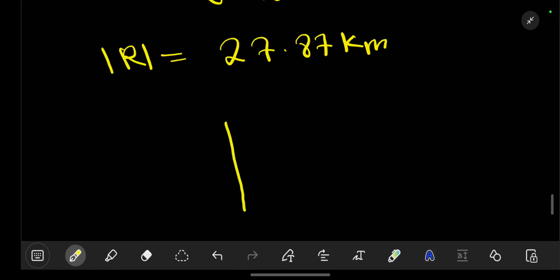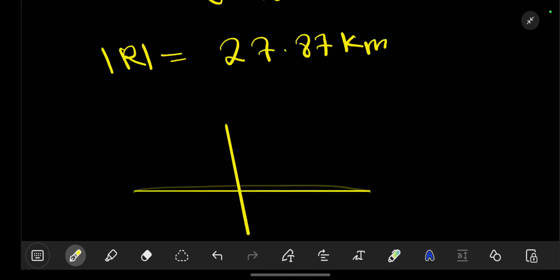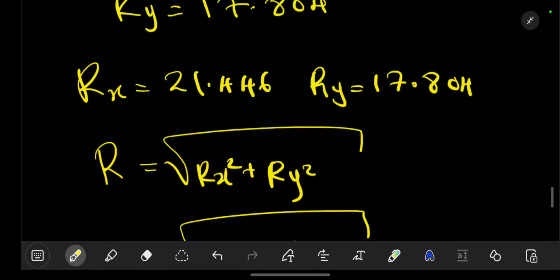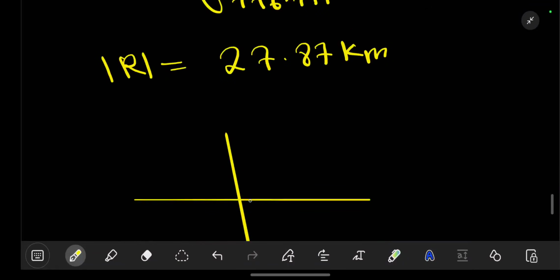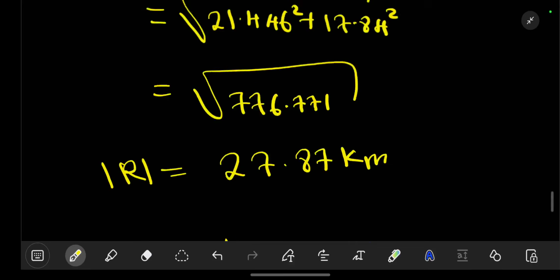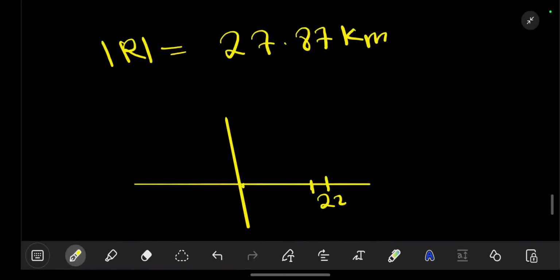We had two things: 21.446, which is in the x, and 17.804, which is positive in the y. So this is our resultant displacement drawn like that. We want the direction measured from the positive x-axis, meaning this direction.